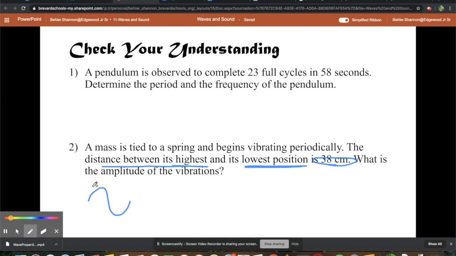If this whole distance is 38 centimeters, then the amplitude is half of that, because the amplitude is just from the equilibrium up or down. So the amplitude is half of 38, which is 19.